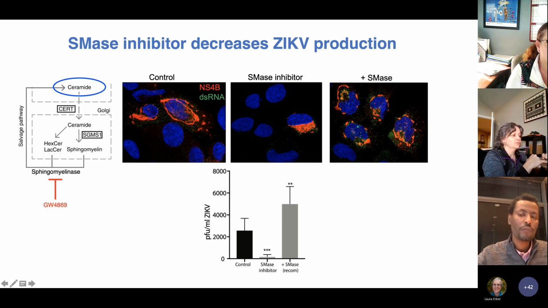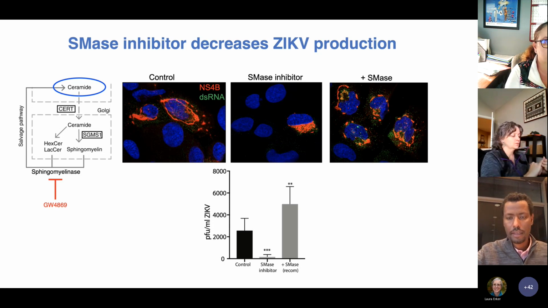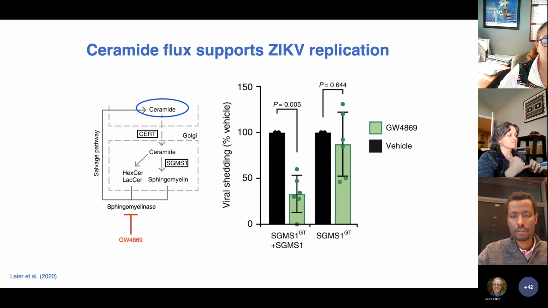And when you exogenously add a recombinant sphingomyelinase into the cells, that basically accelerates the production of ceramide by degrading sphingomyelin, you actually enhance the virus production. Again, showing that ceramide is the lipid that is important for replication.